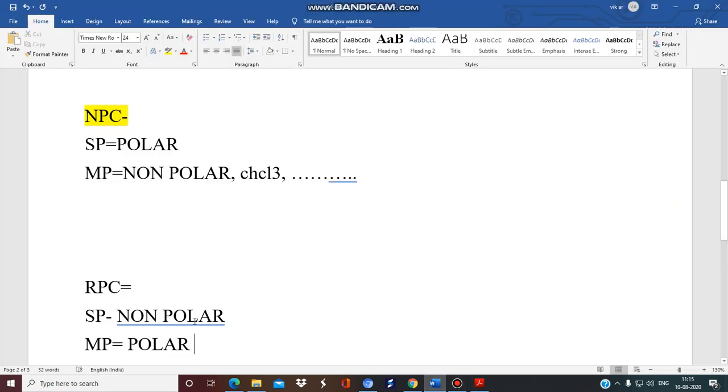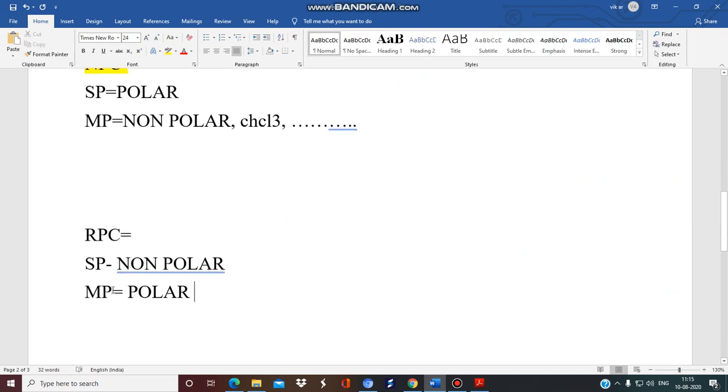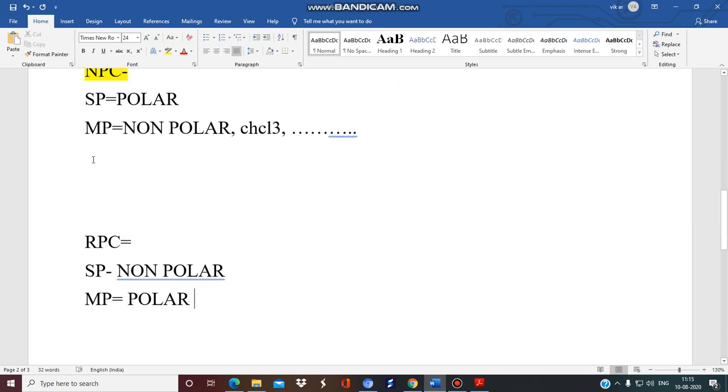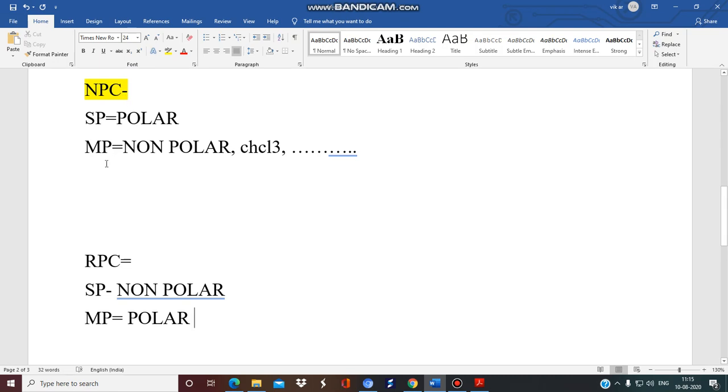Again, in reverse phase chromatography, a polar mobile phase is used, whereas in normal phase chromatography, we use a non-polar mobile phase like chloroform. Methanol is basically used in both chromatographic techniques. You will see later why we use these types of organic solvents in chromatographic techniques.